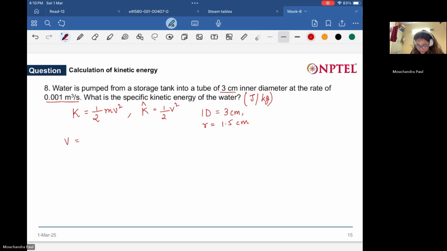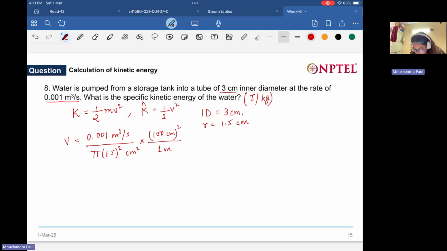Velocity V is the volumetric flow rate divided by the area of the tube, which is pi r square, with r as 1.5 centimeter. We have to make sure that units are correctly converted. We know 100 centimeter is equivalent to 1 meter.